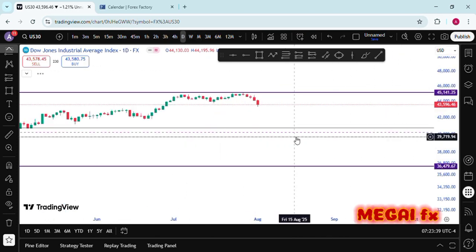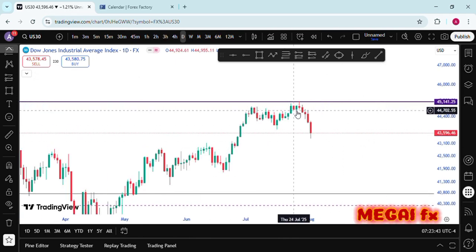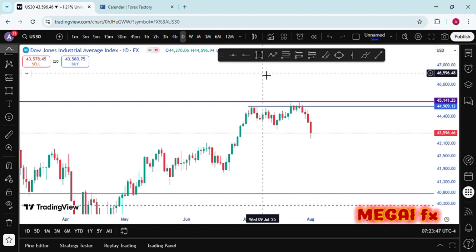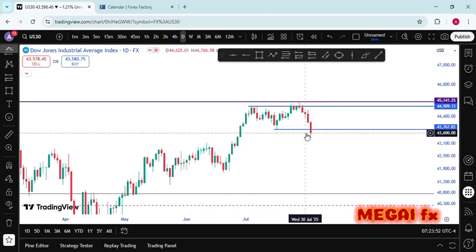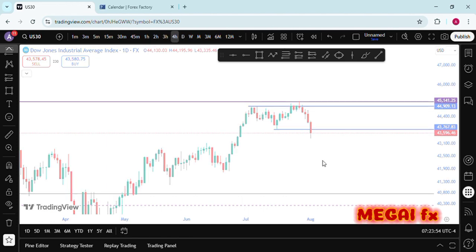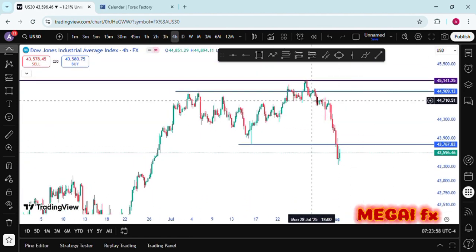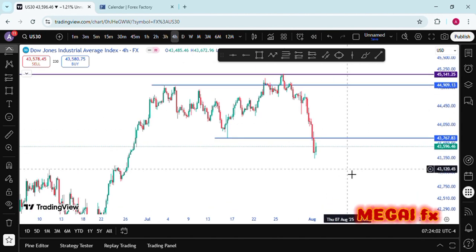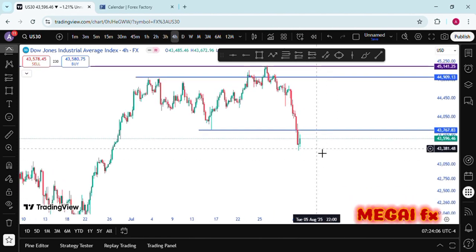If I go to daily time frame, you notice that on daily time frame we already took liquidity here, then we shift structure here, market structure shift. So if I go to 4 hours time frame, I'll be looking for 50% of this move to continue the trade lower. Just the same thing on Nasdaq and S&P 500.